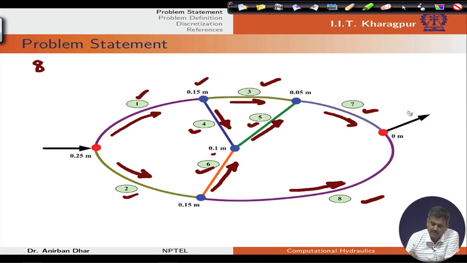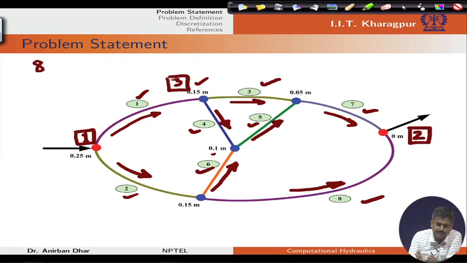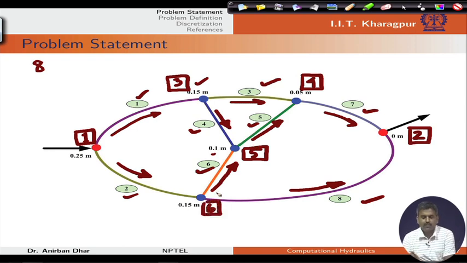So, this is our junction number 1. Let us say that this is junction number 2, this is junction number 3, this is junction number 4, this is 5, 6. So, we have all total 6 junctions, and for these junctions we can see that as per the bed elevation we have the natural direction of flow.